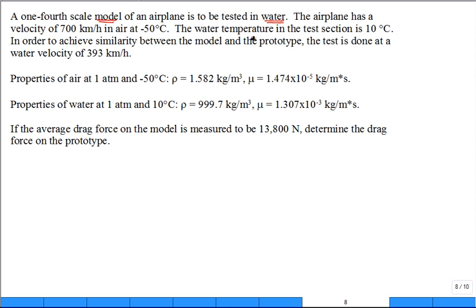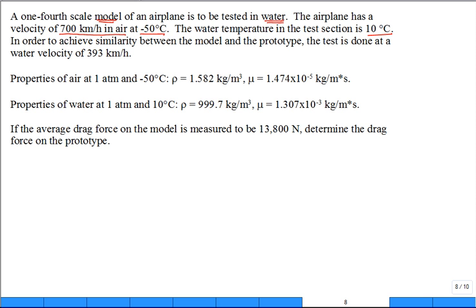This seems very weird. You're going to test an airplane in water. The airplane has a velocity of 700 kilometers per hour in air at negative 50 degrees C. The water temperature in the test section is 10 degrees C.